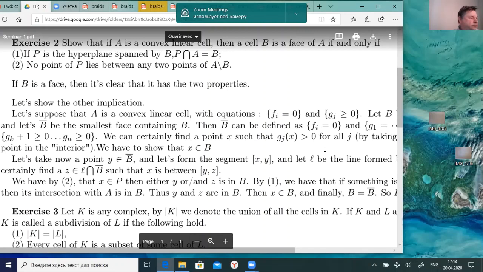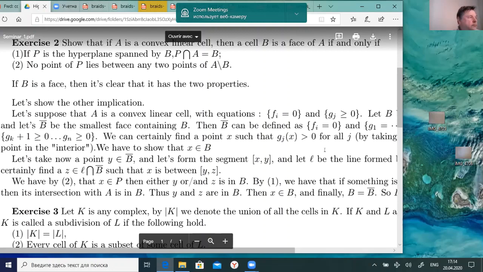Not exactly a barycentric point, but this is the idea: a point which is not on faces, so it will give us not 0. The essential thing is that the point should be in the interior, not in some face.